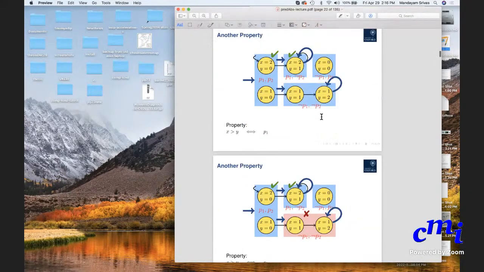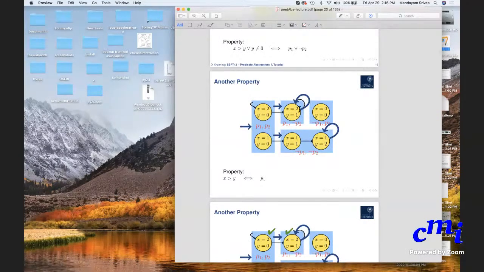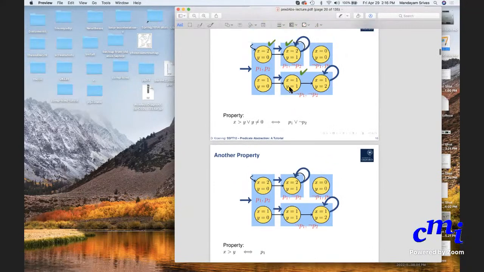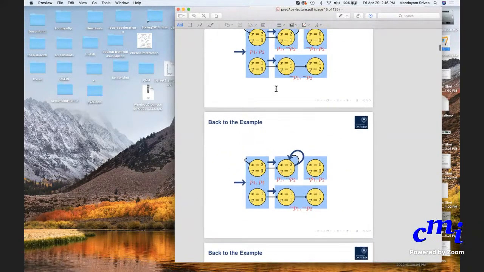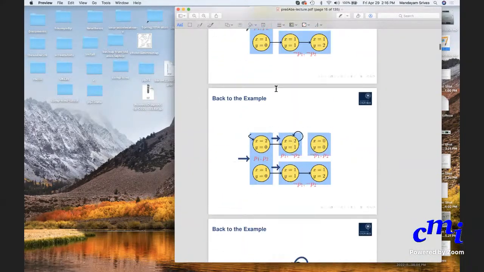We defined how to abstract, where the elements of your abstract system are the different possible valuations that the predicates evaluate to on these concrete states.